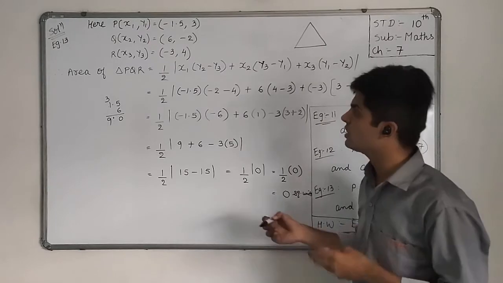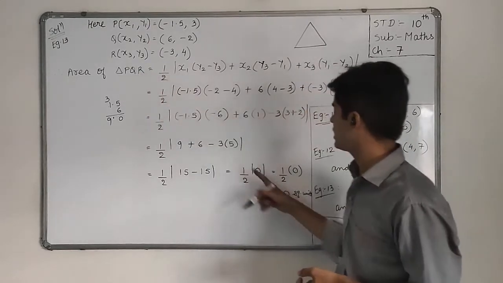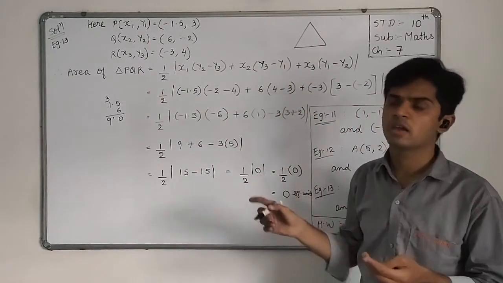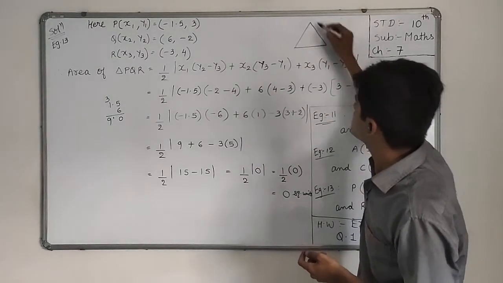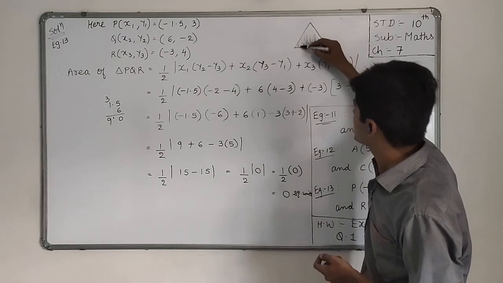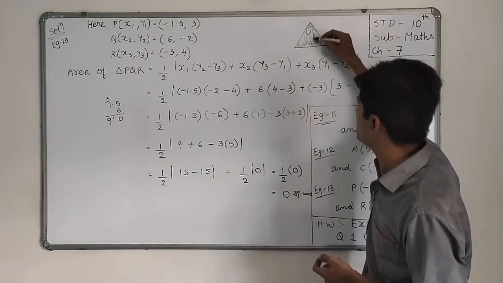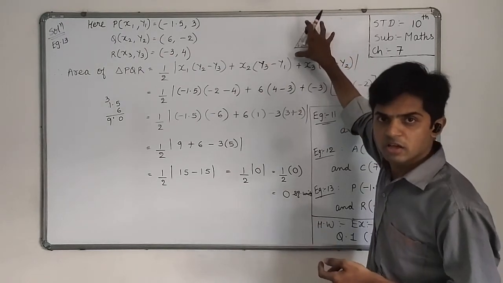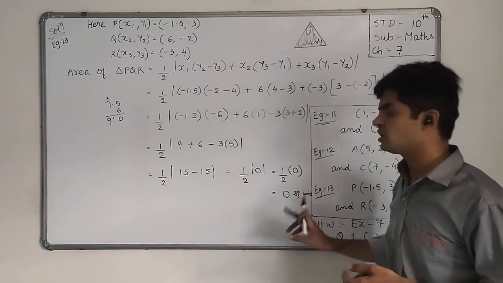It is not possible at all that the area of any triangle will be 0. Why? Because if you are enclosing a figure, it means some space is enclosed here. There is some space inside it. Right? Now you cannot say that it is a 0.